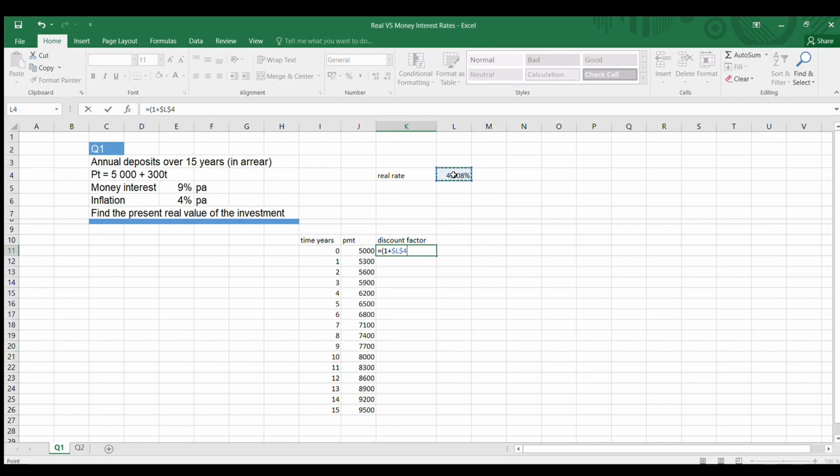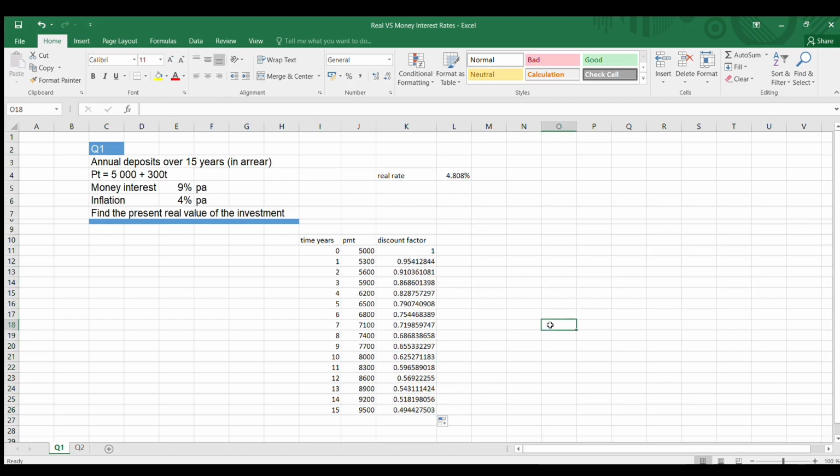So check at the top of your keyboard and click F4. This ensures that whether we drag left, right, up, or down, that particular cell will be referenced for all other cells, you see. And I'm going to raise that to the power of negative time, or negative t, right?